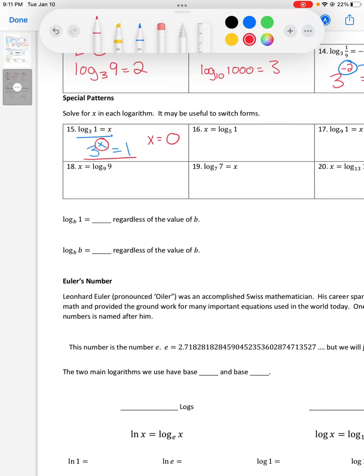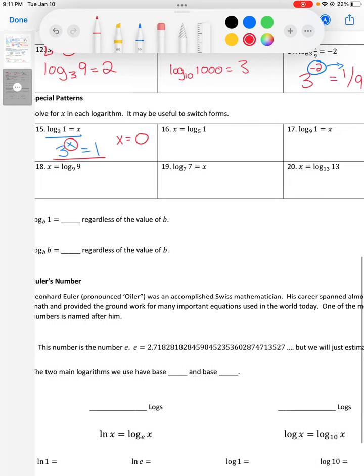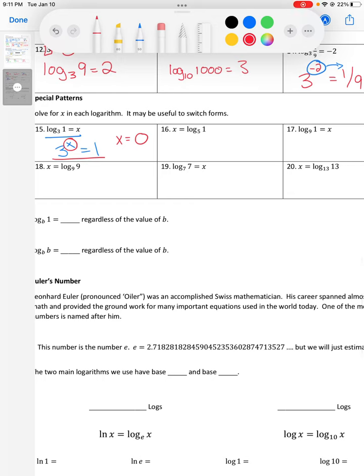Okay. So again, with 16, we take the base of the logarithm, raise it to x, and it equals 1. So again, for us to get 1, what does x need to be? X needs to be 0. So we're using this to help us solve the logarithms.